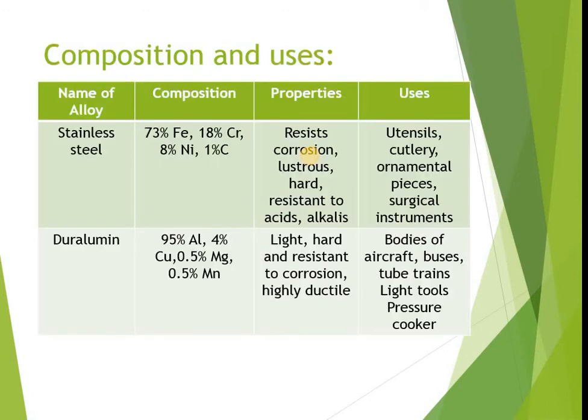Now how can you make alloys? You can make alloys by fusing the metals together. You can also make alloys by compressing fine metals. These alloys are also called solid solutions because this is a solution type where solute and solvent are both metal and solid in nature.